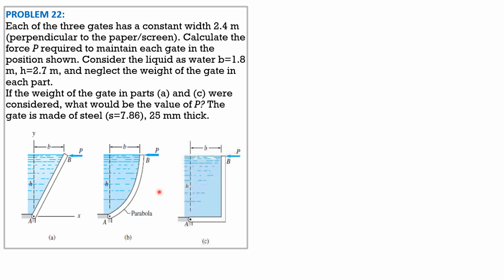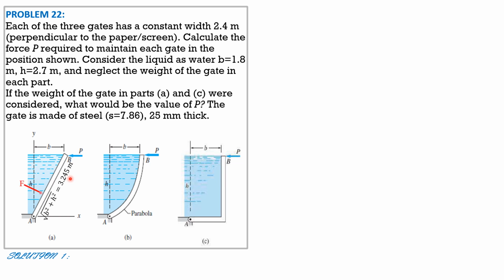So here are the given figures. For part A, I'll solve this in two ways. One by solving F, which is perpendicular to the inclined face, and the second one based on the pressure distribution and the weight of water enclosed by the gate itself and the water surface, as well as the vertical line through A. So for solution 1, this length is square root of B squared plus H squared, square root of 1.8 squared plus 2.7 squared, which is 3.245 meters.